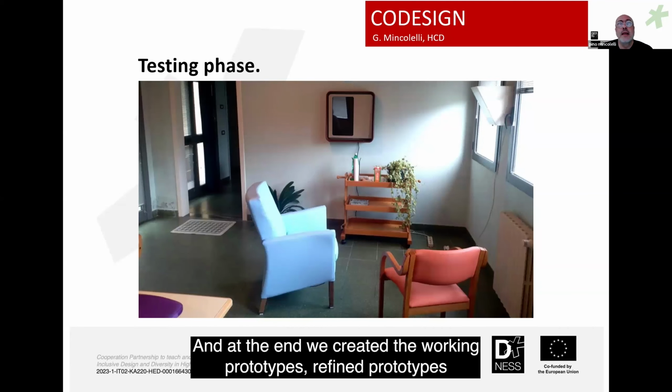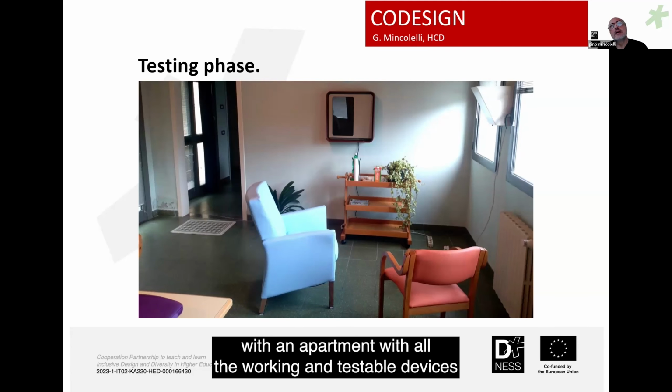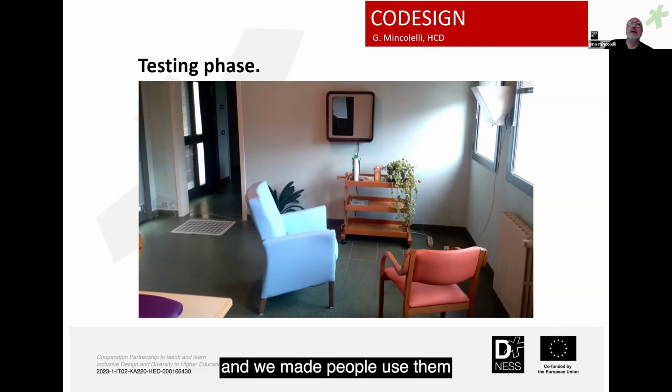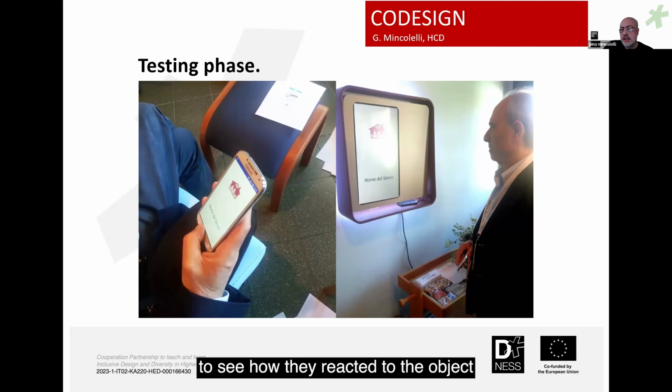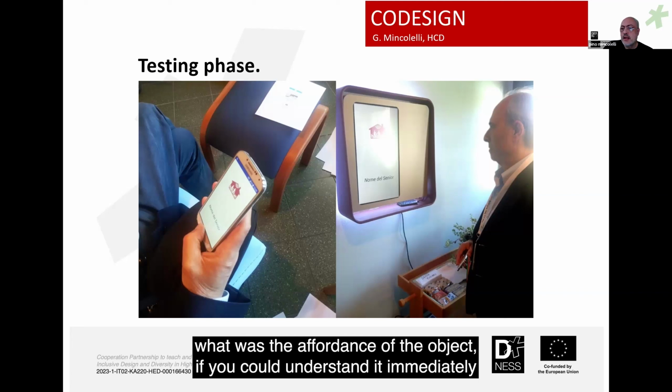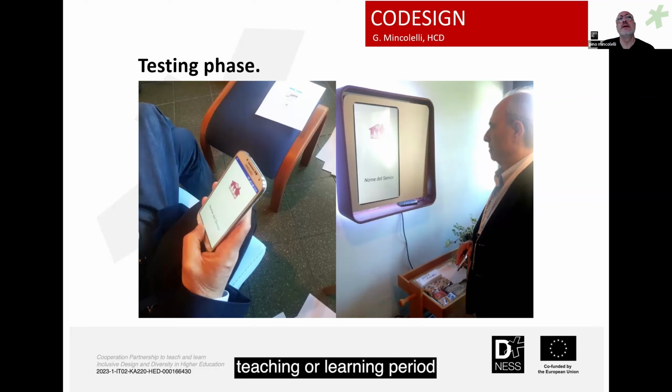And at the end, we created working prototypes, refining prototypes based on all the errors and issues that we have found until now, and created a lab, a living lab, with an apartment with all the devices working and testable, and made people use it without saying anything, without any explanation, to see how they reacted to the object, what was the affordance of the object, if you could understand it immediately without having any kind of teaching or learning period.